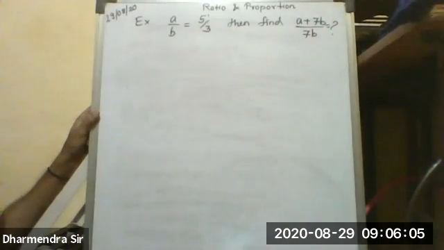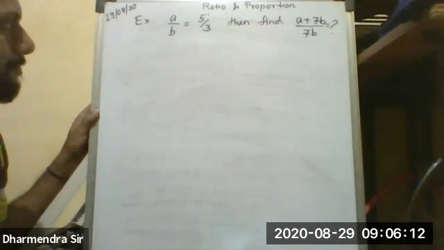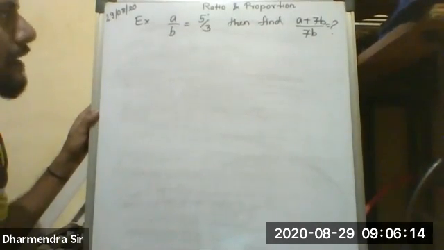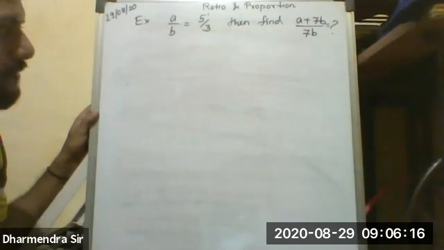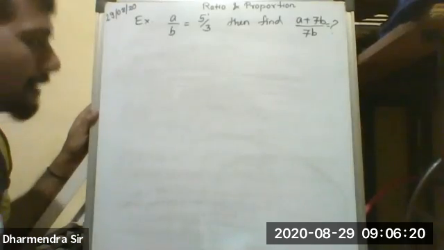They're asking us this. So now what you do, there are two ways to solve this. I'll be solving it in both the ways, whatever you feel like you can adopt, no problem. I'll be following any one method to solve it.